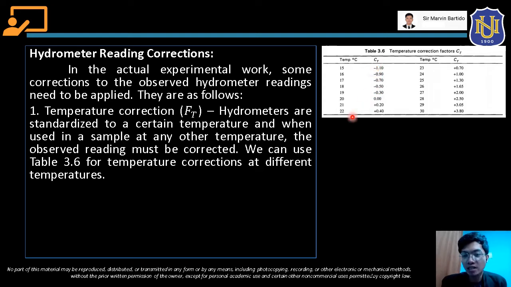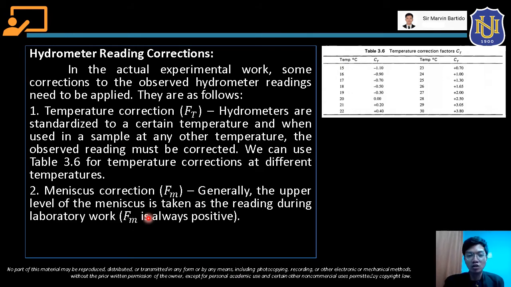On the other hand, if the temperature values are higher than our standard temperature, makikita mo yung temperature correction natin ay mga positive yung values nila. So that is for our temperature correction.